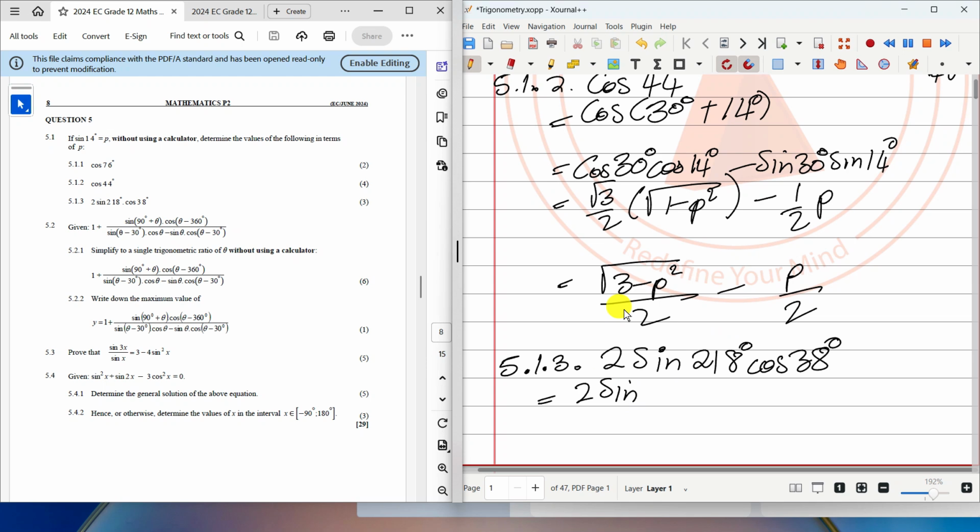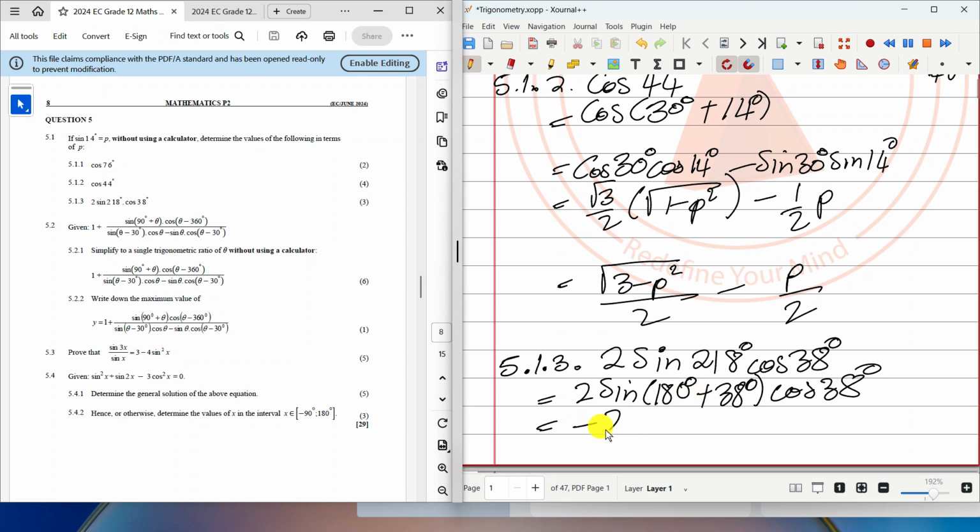That is the reduction formula of the third quadrant. So 218 minus 180, what will it be? Come on guys, what will it be? It will be 38, right? It will be 38 times cos 38. So sine in the 180 plus, which is the third quadrant, is negative.